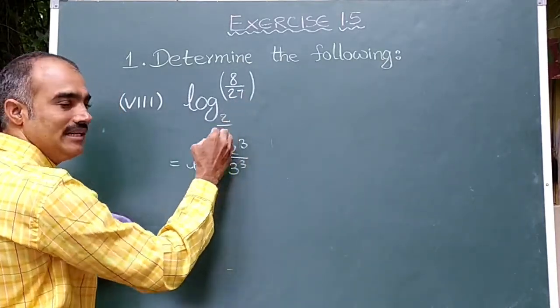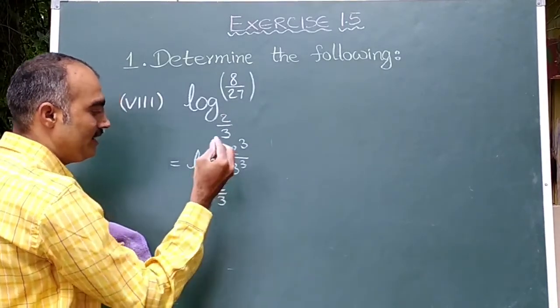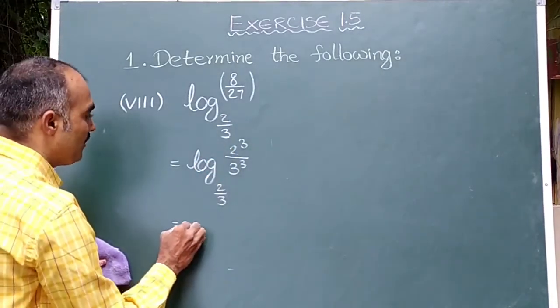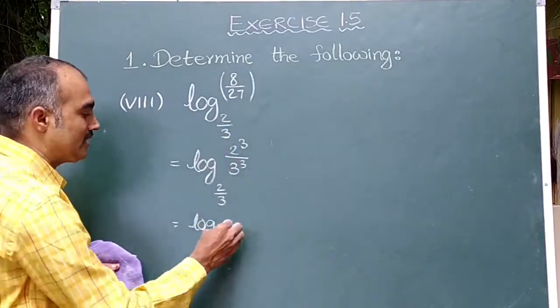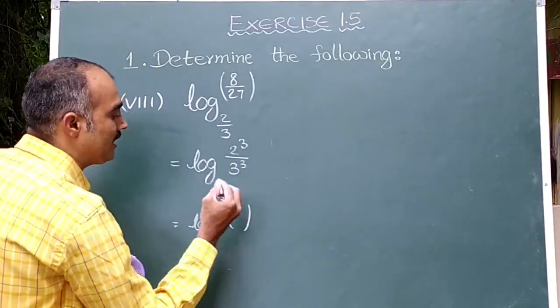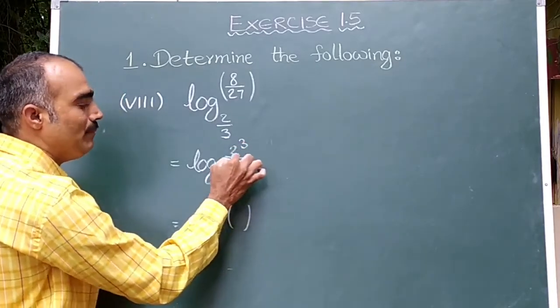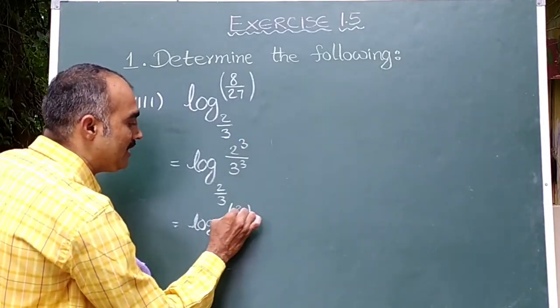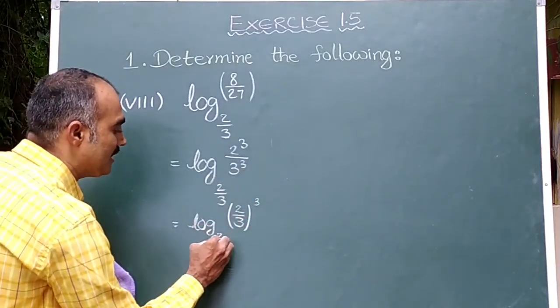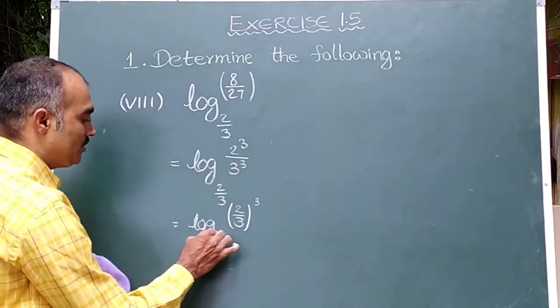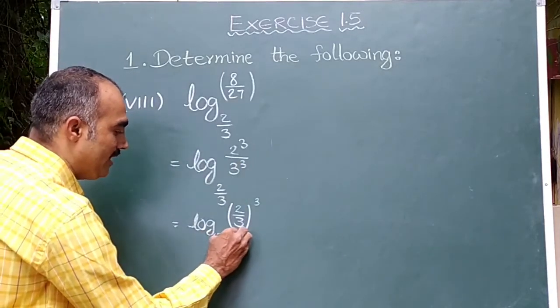Here base 2 by 3, I write as it is. Is it clear? Now whenever the powers or exponents are same, we can write in a single bracket, children. So here 2 power 3 by 3 power 3 can be written as 2 by 3 whole power 3, right? Base, let us maintain the same 2 by 3. So here nothing is there in the power, means 1 is there.